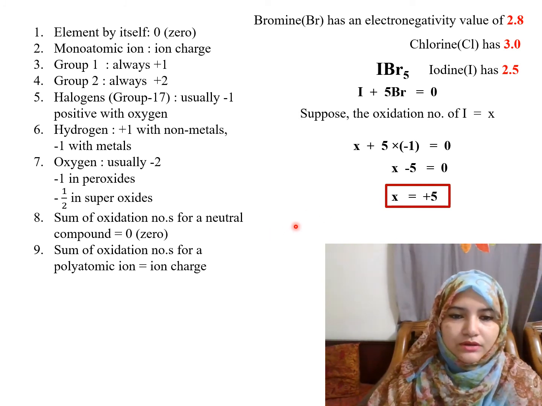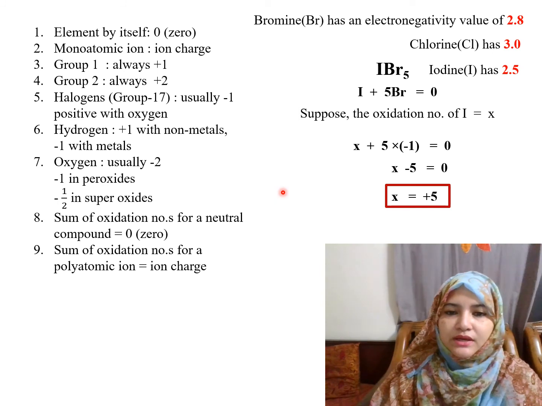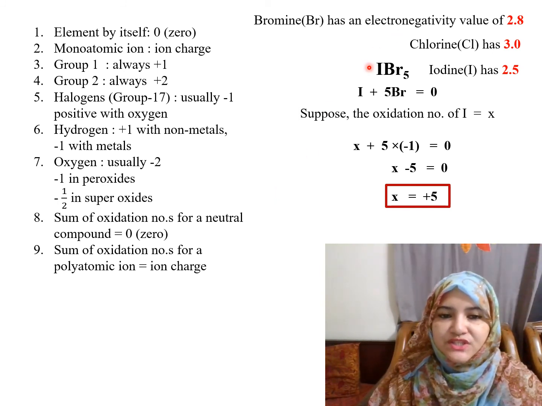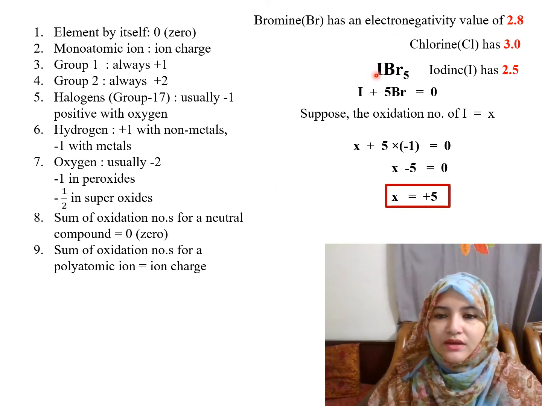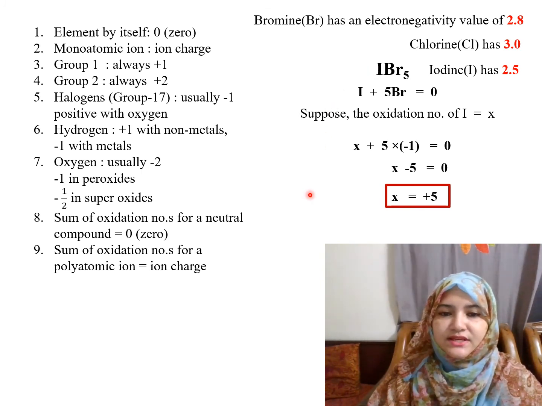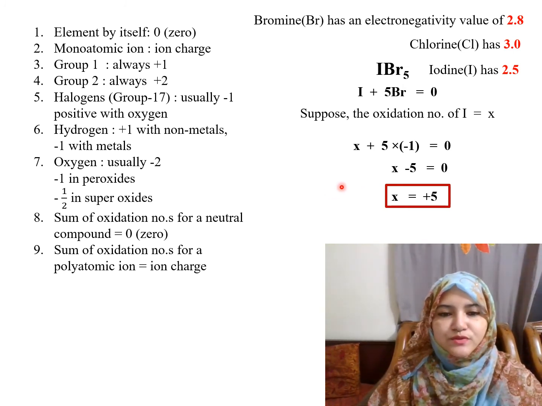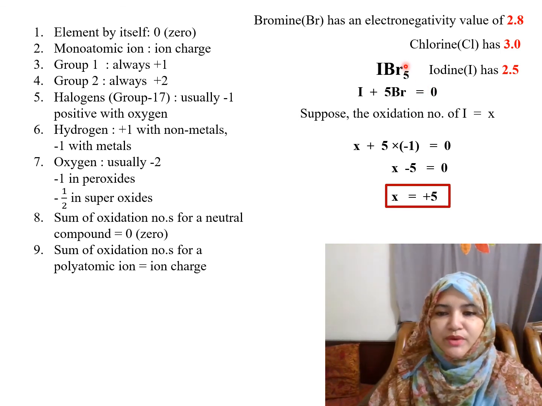Another easy way: in any compound, usually the electropositive element is written first. Iodine is written first, which means iodine is the electropositive element. Electropositive elements are written first, and the electronegative element comes second. That means iodine is more electropositive than bromine. So bromine is going to have its natural oxidation state, which is -1.